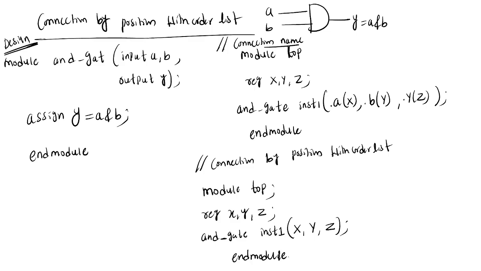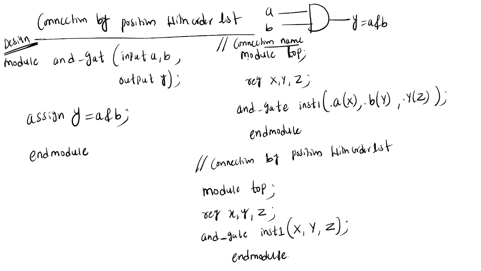We are just starting module and_gate, and inside that we declare variables in the same line, like input A, B. Normally, for verification purposes, we need to write the test bench. For the test bench, you need to declare the internal variables and then instantiate this design. That instantiation can be of two types: instantiation by name and instantiation by position. When I teach the test bench, it will be more clear.